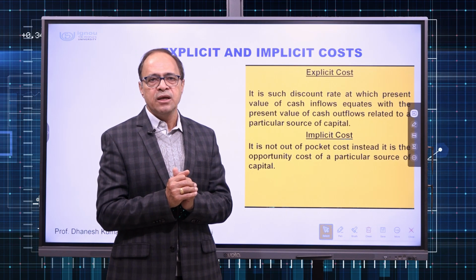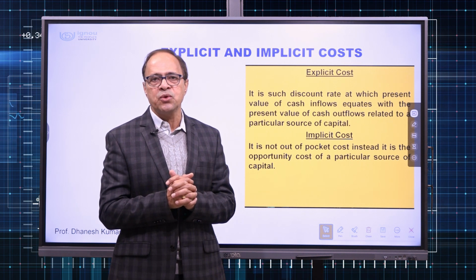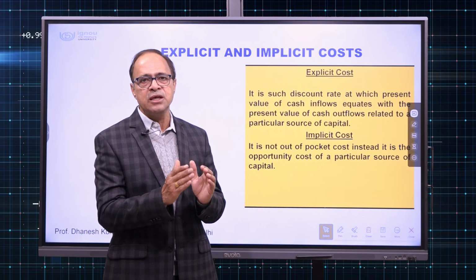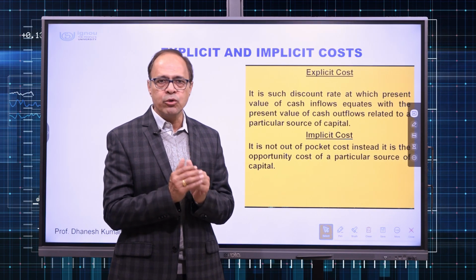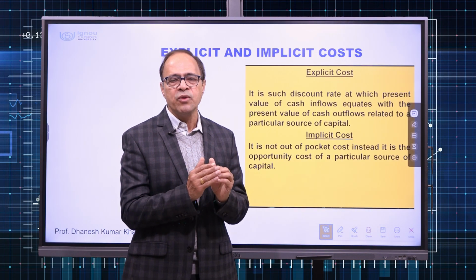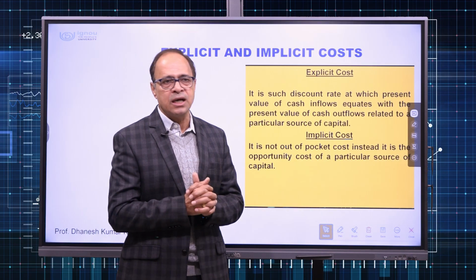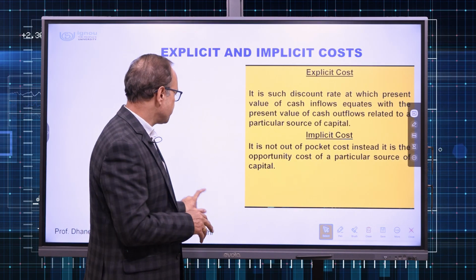So, we will say the implicit cost of that 100 crore is the benefit foregone from not making the investment in the bank or financial institution, that is 9%. So, it is not out of pocket, but in an implied manner it is the benefit foregone from the second best alternative, that is called the implicit cost or opportunity cost of capital.